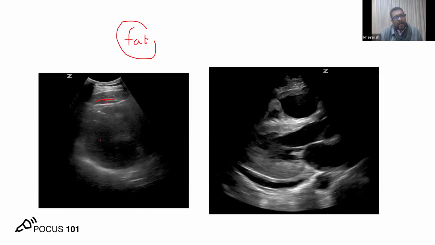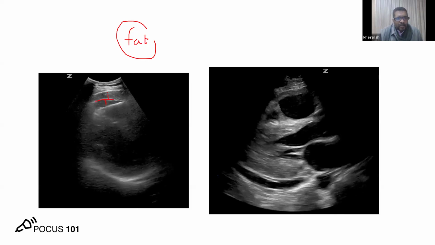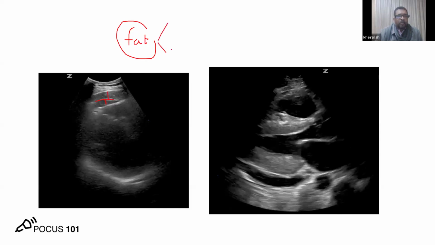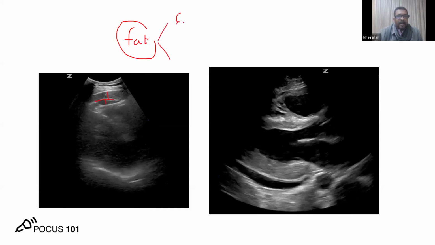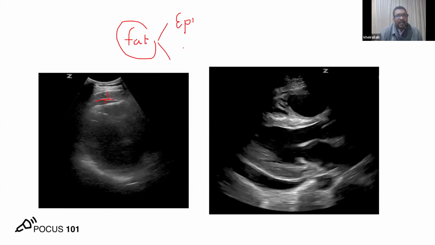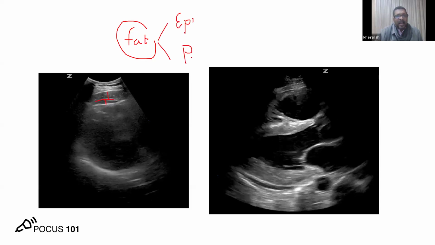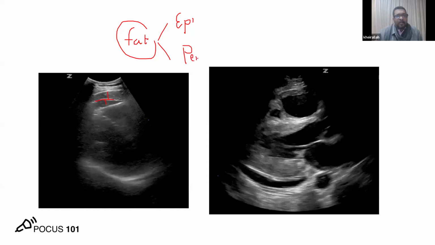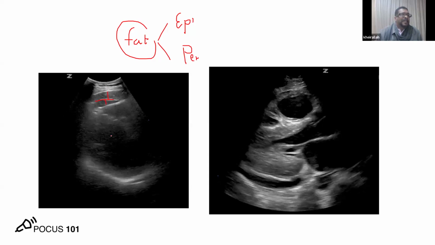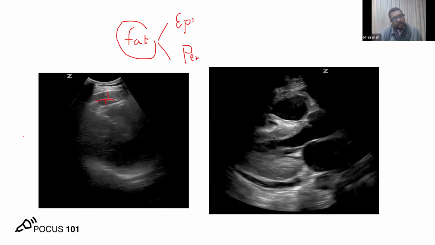And the other one is called pericardial fat. So we have two pools: epicardial fat, which is immediately overlying the heart, and pericardial fat above the parietal pericardium. Two pools of fat around the heart. Okay.